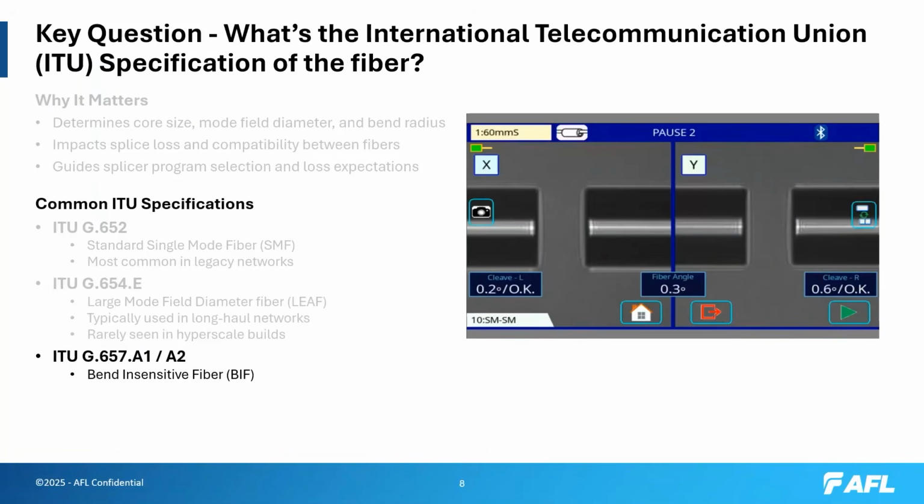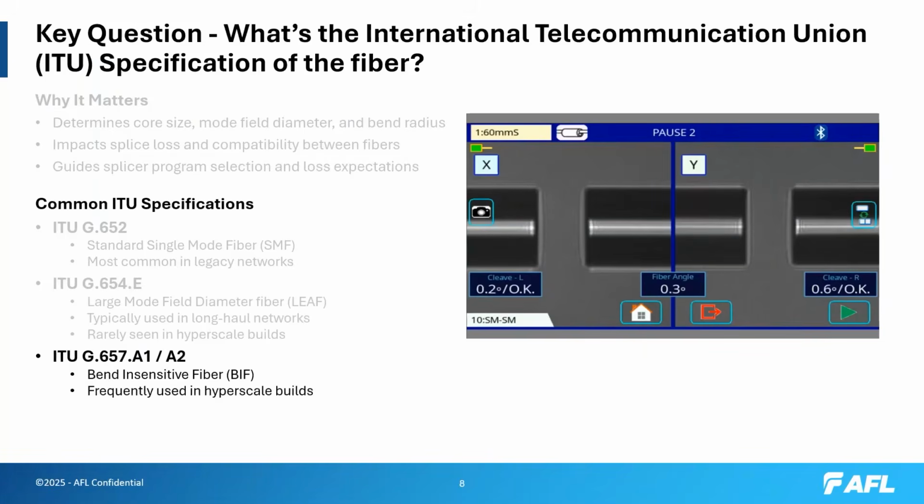That really means it's bend insensitive, so you're able to pack more fiber into a smaller cross-sectional footing, so to speak, and you can bind that a little bit tighter, and you can get higher fiber counts in your cable as a result of using this bend insensitive fiber. It's frequently used in a hyperscale build. You will see this type fiber on par more than anything else.